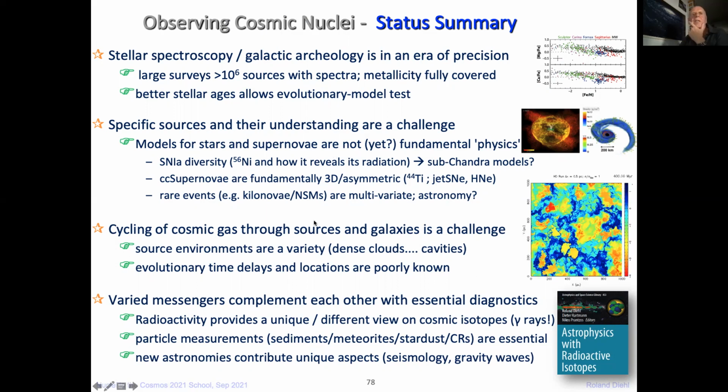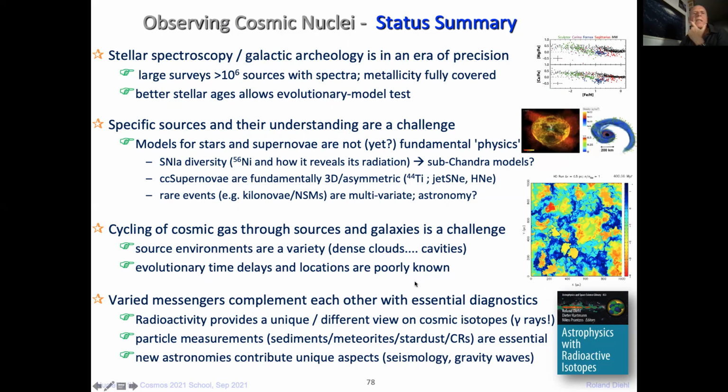The cycling of cosmic gas through sources and galaxies is actually a challenge for our understanding. What we have learned is that large cavities play a big role, and the source environments are different for the different sources. For example, neutron star mergers will have a different environment than the massive stars that are shown on this movie here.